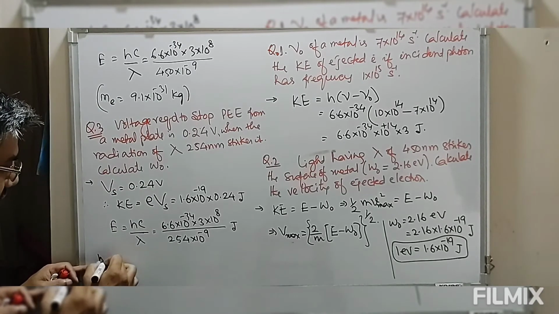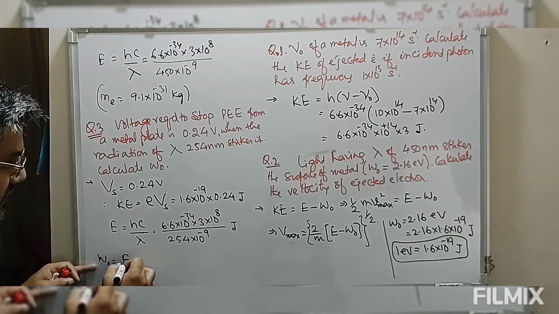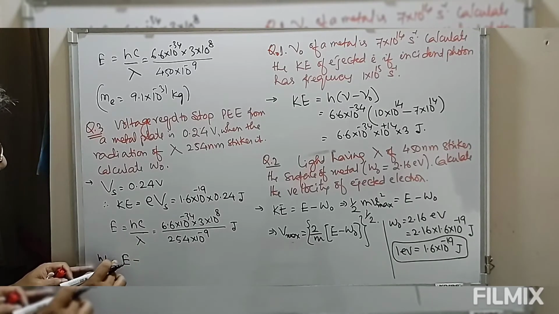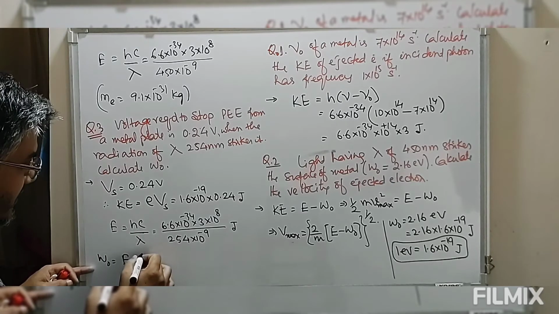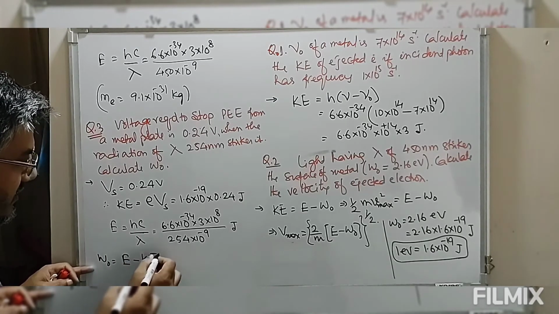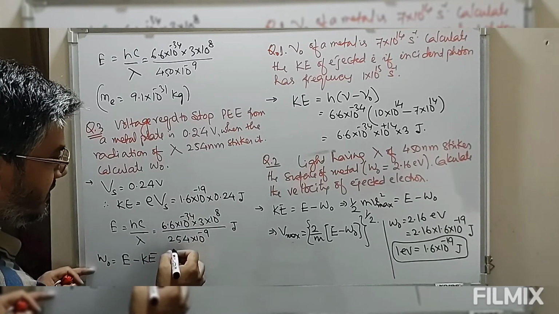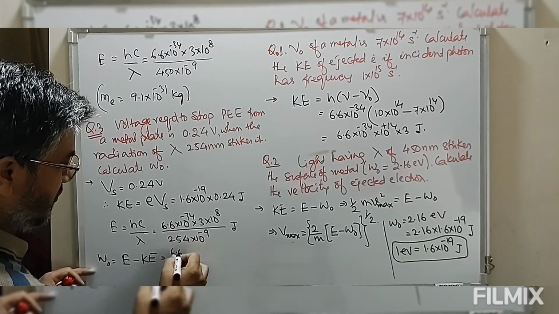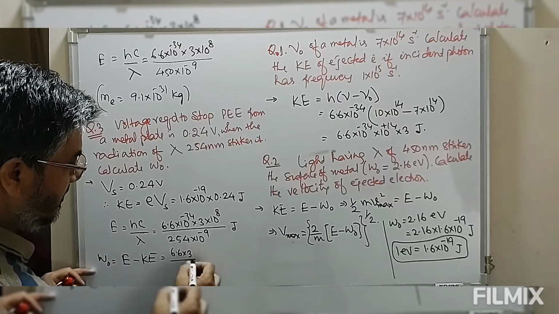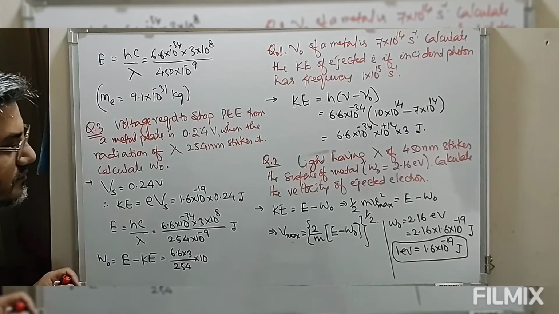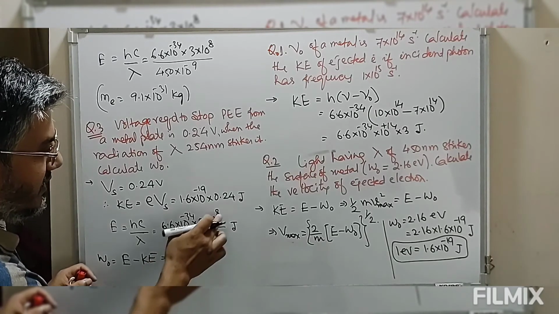Therefore work function is equal to the energy of the incident photon minus the kinetic energy. So simply you have to take this and simplify it: 6.6 × 3 divided by 254 × 10^9, 10^-17.